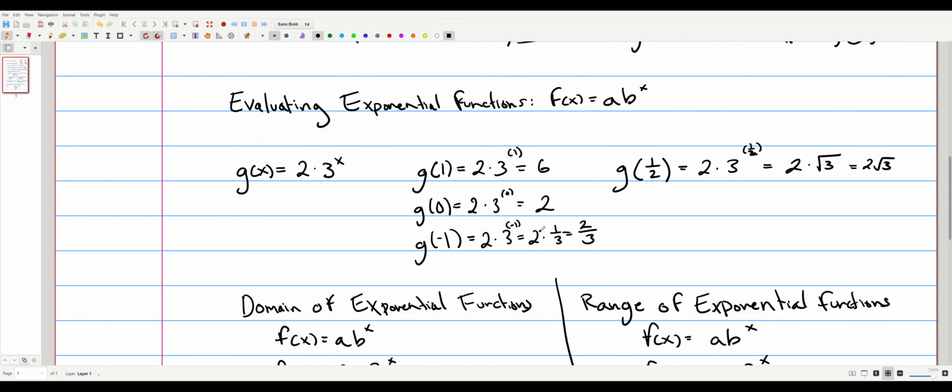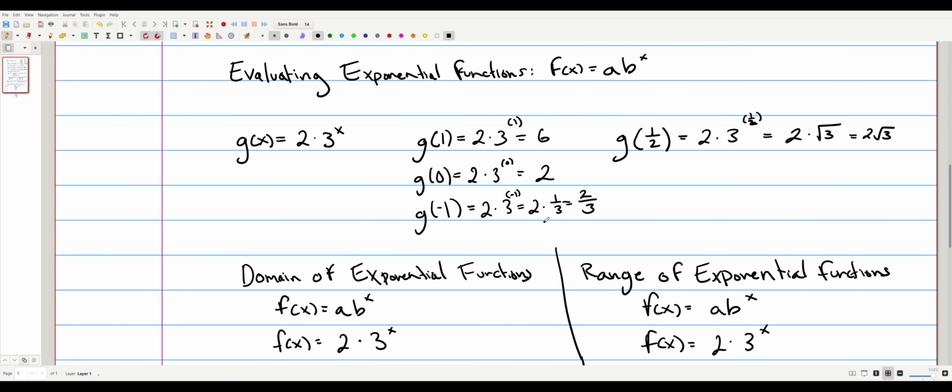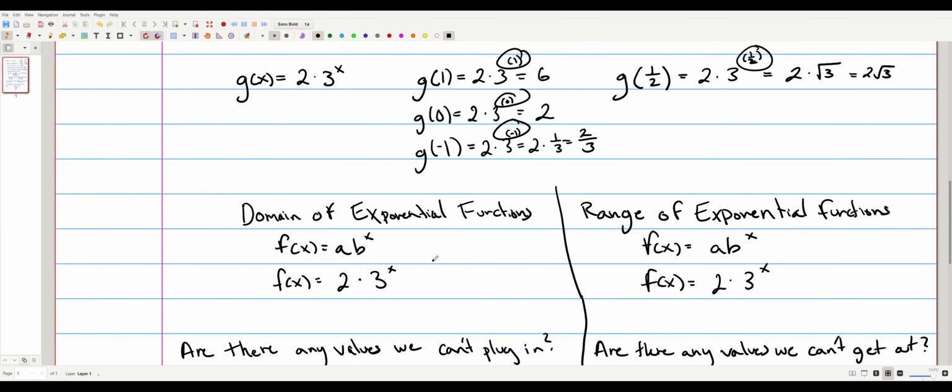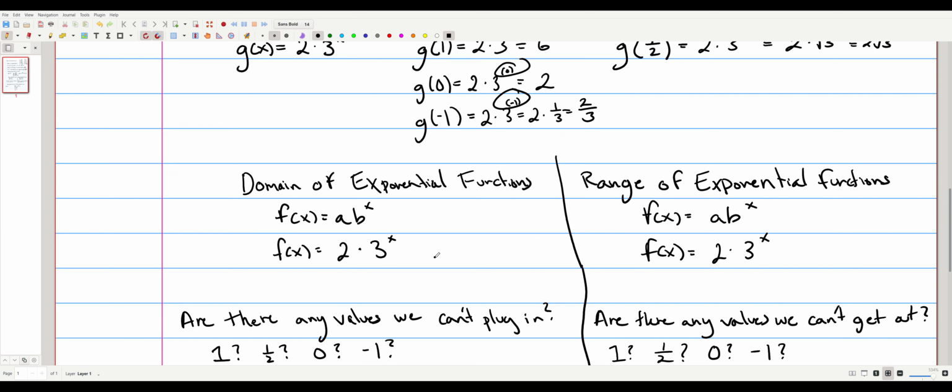So what does that tell us about the domain and range of exponential functions? Well, if you see in our example here, we plugged in a whole number, 0, a negative number, and a fraction, and we were still able to get valid values out, right? And that's because there is no invalid value that you can't plug in.